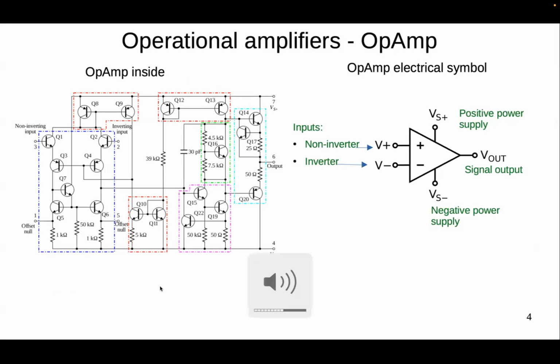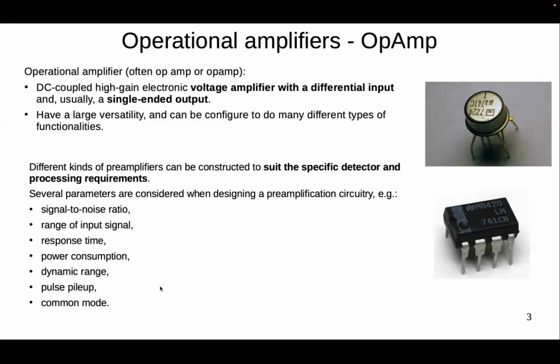Okay, so can I ask a question? Yes, sure. Can you go back to the previous slide? What is the difference between the range of the input signal and the dynamic range? They are actually both related.